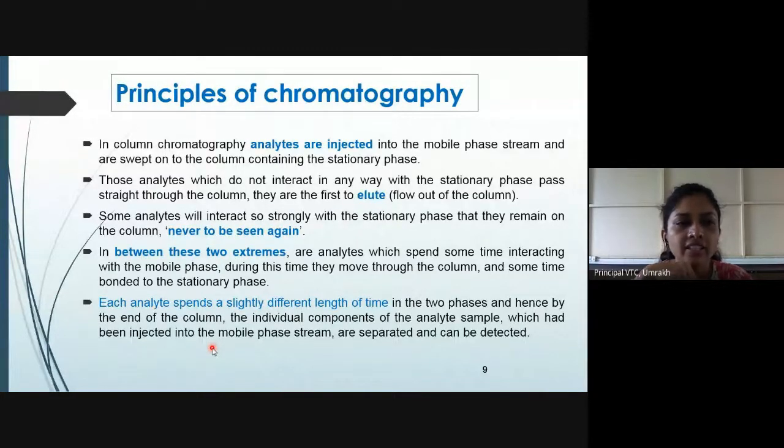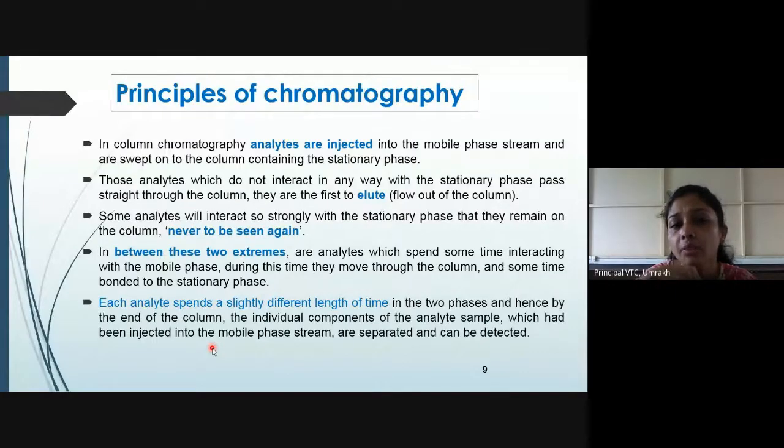Some analytes, on the other hand, interact so strongly with the stationary phase that they remain on the column permanently and never reach the detector.